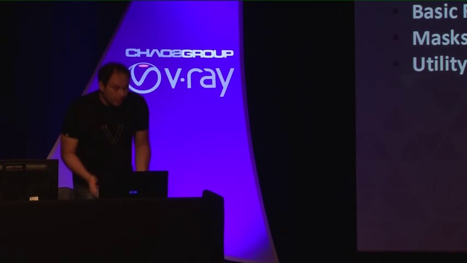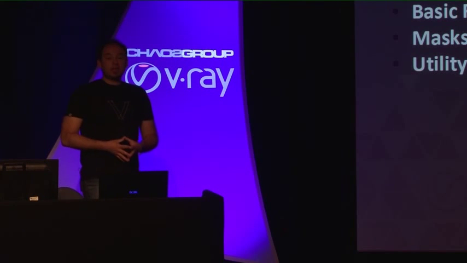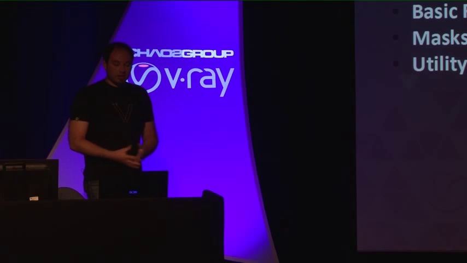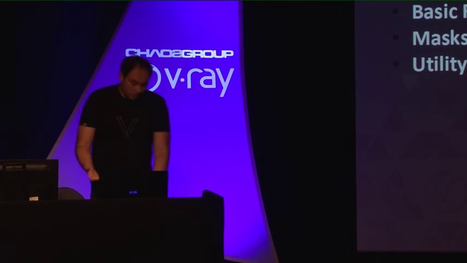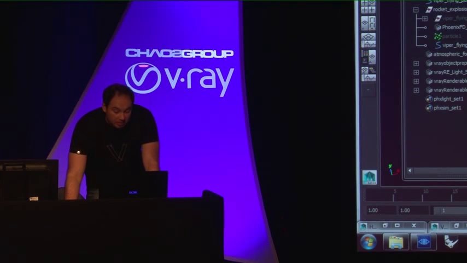So the final thing that I want to address in the rendering is to make the life of the compositor after you much easier, so that you can render your passes or all the render elements in V-Ray.